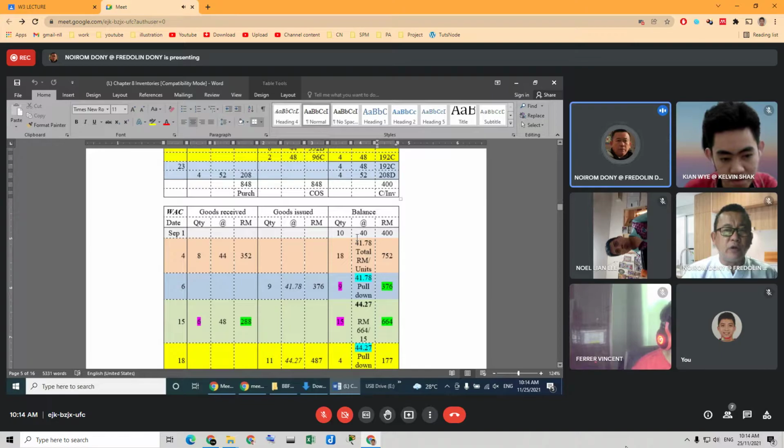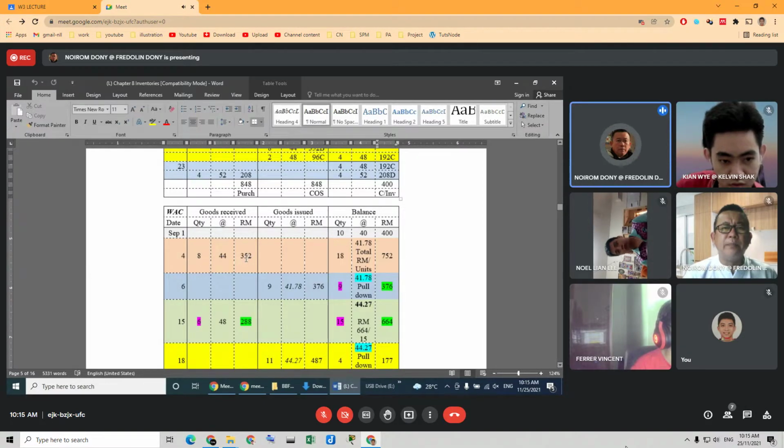You don't have to rewrite the balance like the first in, first out, but you immediately record under the receive column. 8 units, price per unit 44, and then 352. So you can record in the same row. You don't have to select first row, second row, like the first in, first out.